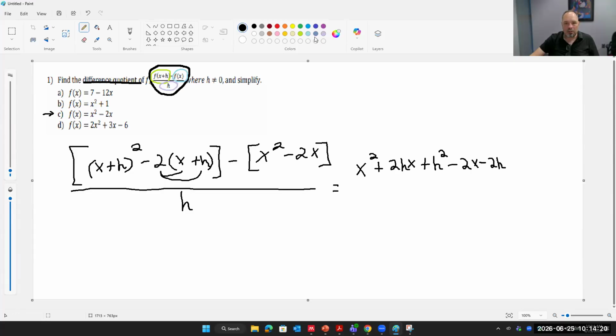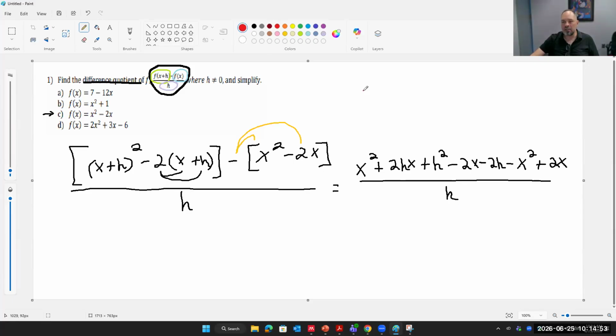And finally, I'm going to distribute this minus sign. So we've got minus x squared plus 2x.